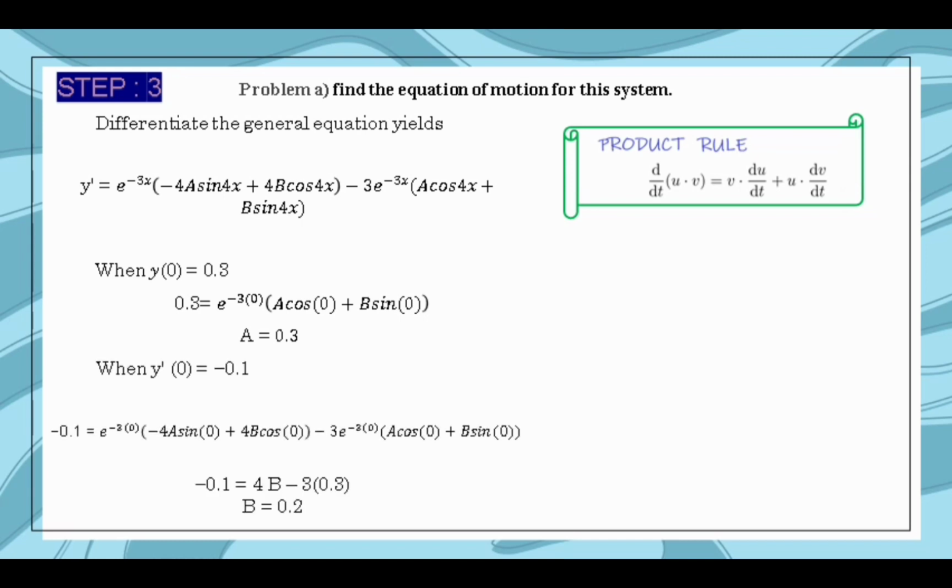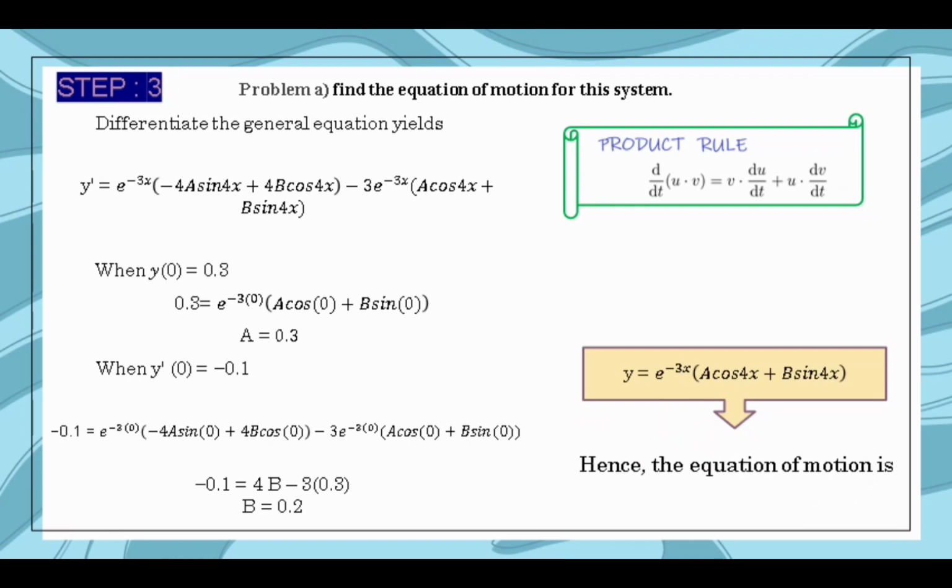And when y prime equals negative 0.1 when x equals 0, we will get b equals 0.2. Hence, the equation of motion is y equals e to the power of negative 3t times (0.3 cos 4t plus 0.2 sin 4t).